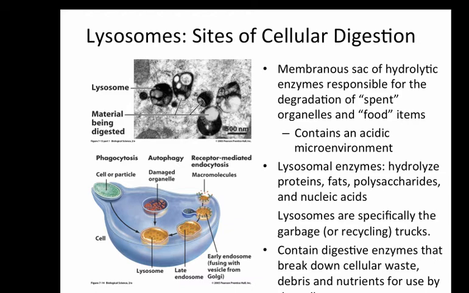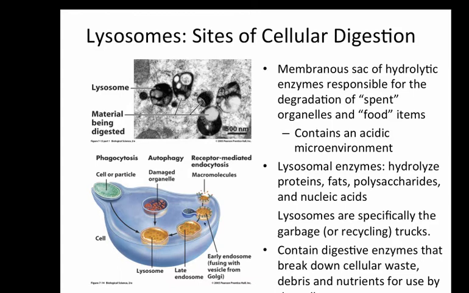And so the environment prefers to be at a pH of 5. Inside the lysosomes, the lysosomal enzymes are responsible for hydrolyzing proteins, fats, polysaccharides, and nucleic acids. Okay? They contain these digestive enzymes that will break down cellular waste and debris, and also some nutrients that the cell may need to use. So these are different examples of how this takes place.